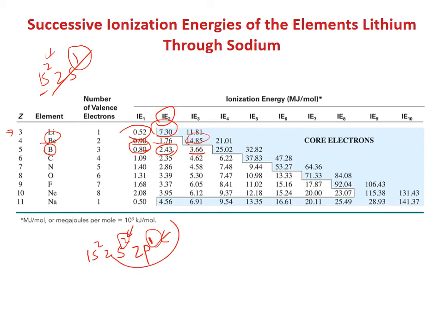After that, it starts to remove the core electron, and the fourth ionization energy for boron jumps to 25. In general, you can see core electrons are much harder to remove. For carbon, it jumped from 6.22 to 37, and for nitrogen from 9 to 53.